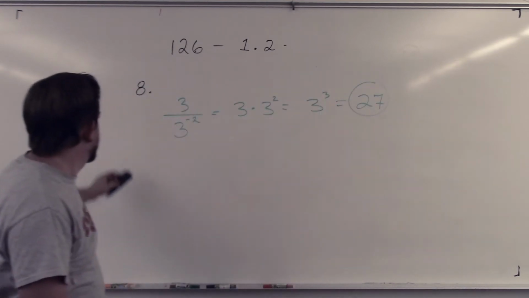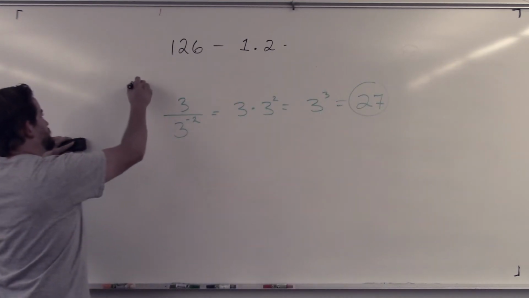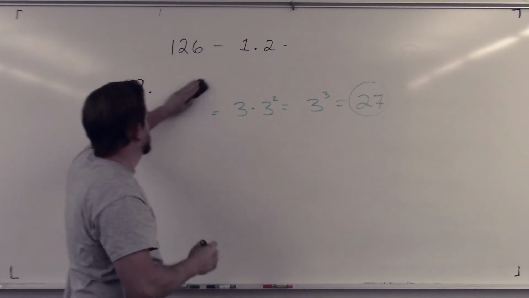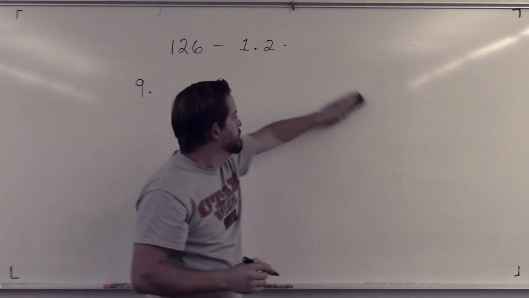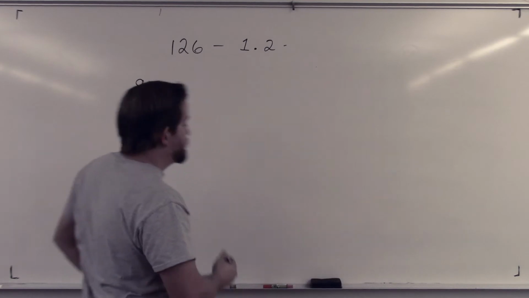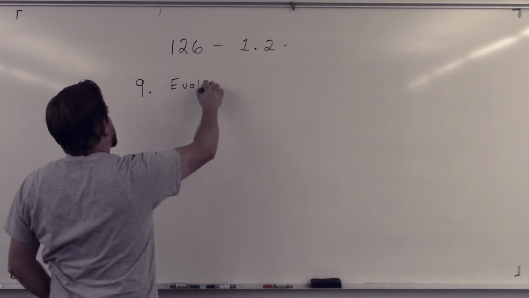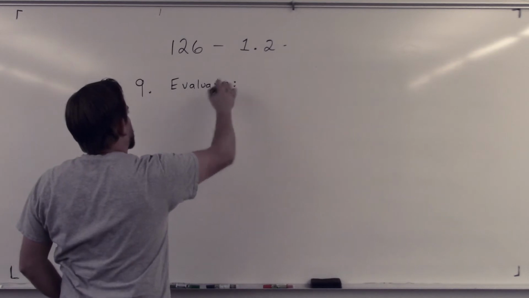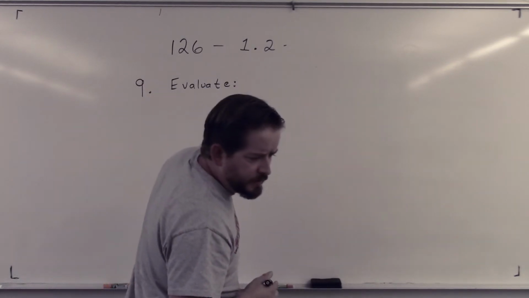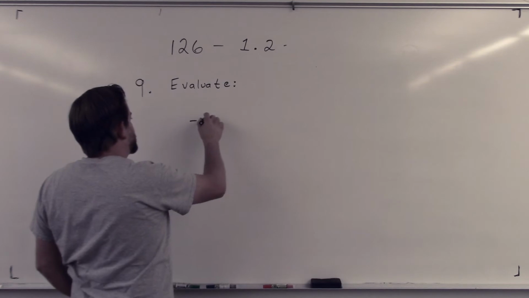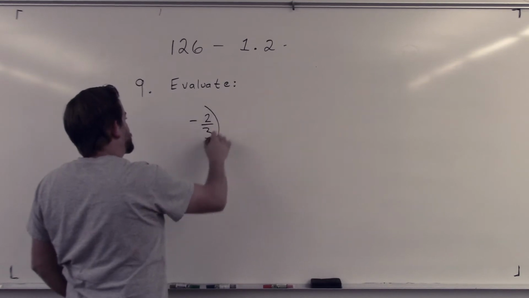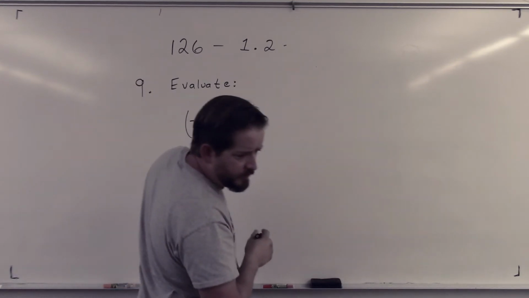Next one that was asked was number 9. And it says evaluate as well. It says negative 2 over 3 that is raised to the negative third power.